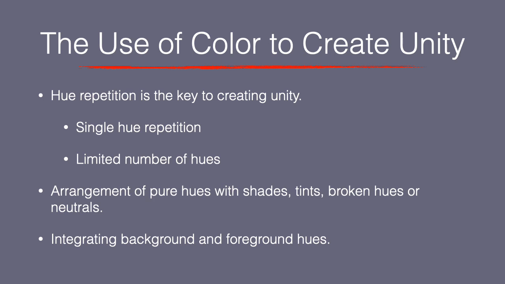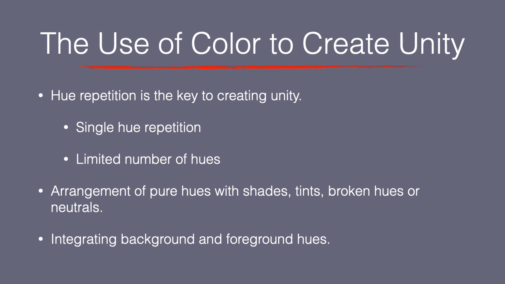The use of color to create unity. Hue repetition is the key to creating unity. By using single hue repetition in a sequential order, greater impact is gained rather than using the single hue sporadically.